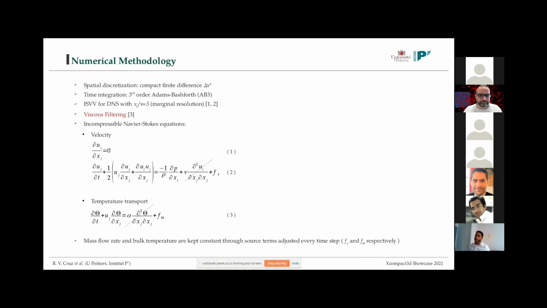We'll speak about it again ahead. And here our forcing terms, our source terms, sorry, F2 and F theta, are source terms that are adjusted every time step in order to keep a constant flow rate and a constant bulk temperature for the temperature transport.